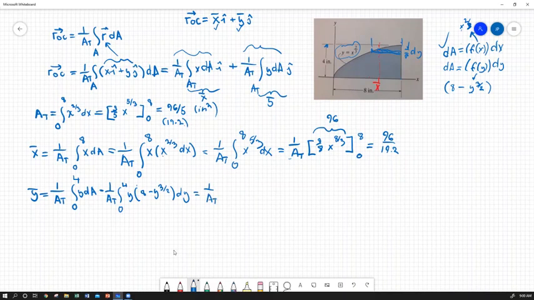Go ahead and integrate or simplify a little bit. So that's 8y minus, y to the 2, so minus y to the 5 halves.